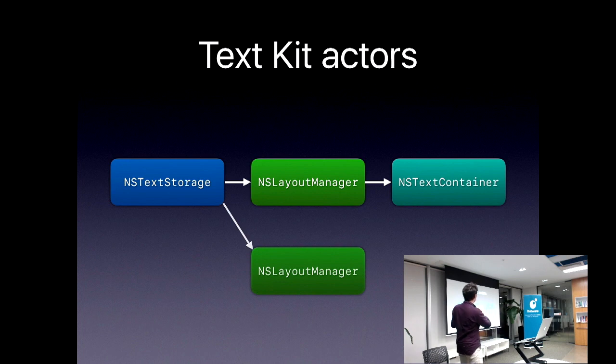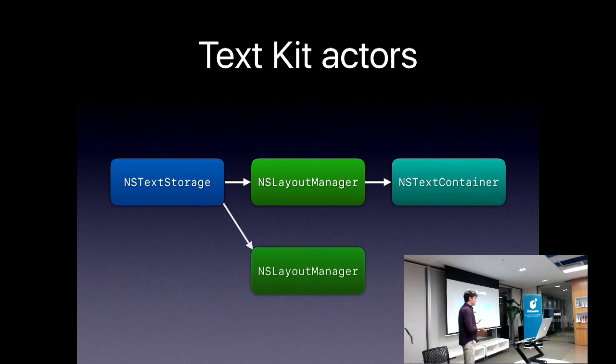The fun stuff about TextKit is that not only do the text storage and layout manager have delegate protocols that you can just connect via the delegate property, but you can also, if you really want to, create your own subclasses of either of these classes. I think the text storage is kind of harder to subclass.